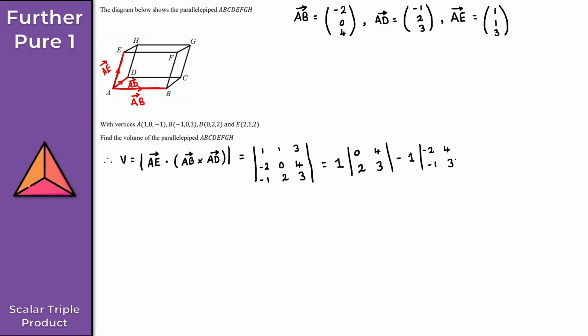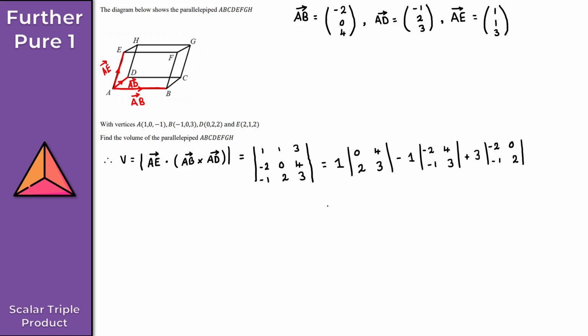And then finally we get plus 3 lots. So 3 times the remaining 2 by 2 determinant. So across this row, this column, we get -2, 0, -1, and 2 there.